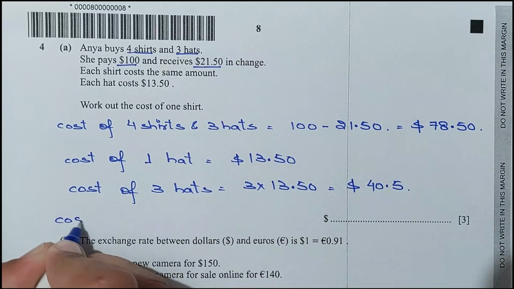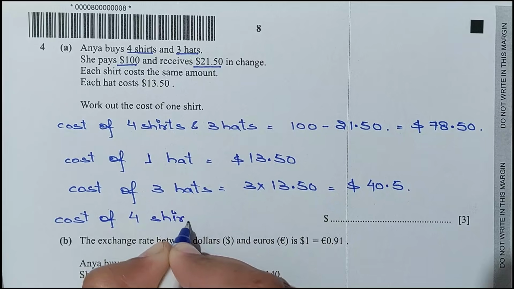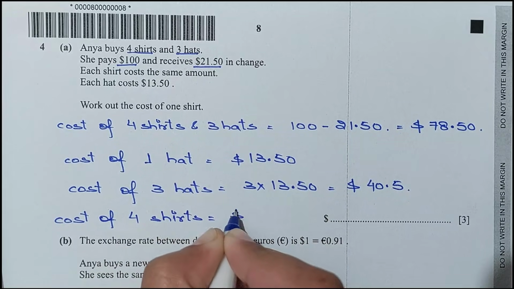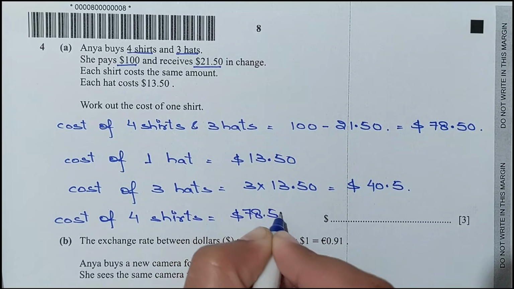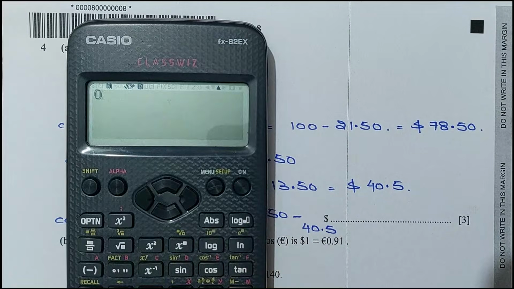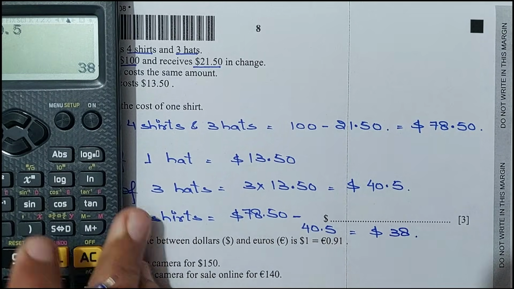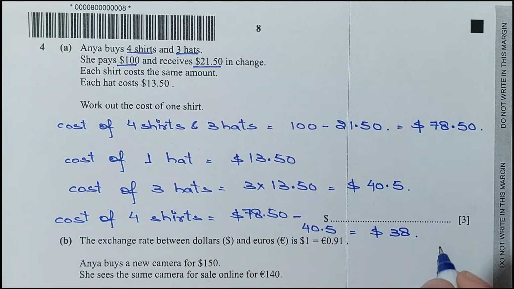So we can say the cost of 4 shirts means from the total 78.50 we have to subtract 40.5. Okay, 78.5 minus 40.5 is $38. $38 is the cost of 4 shirts.